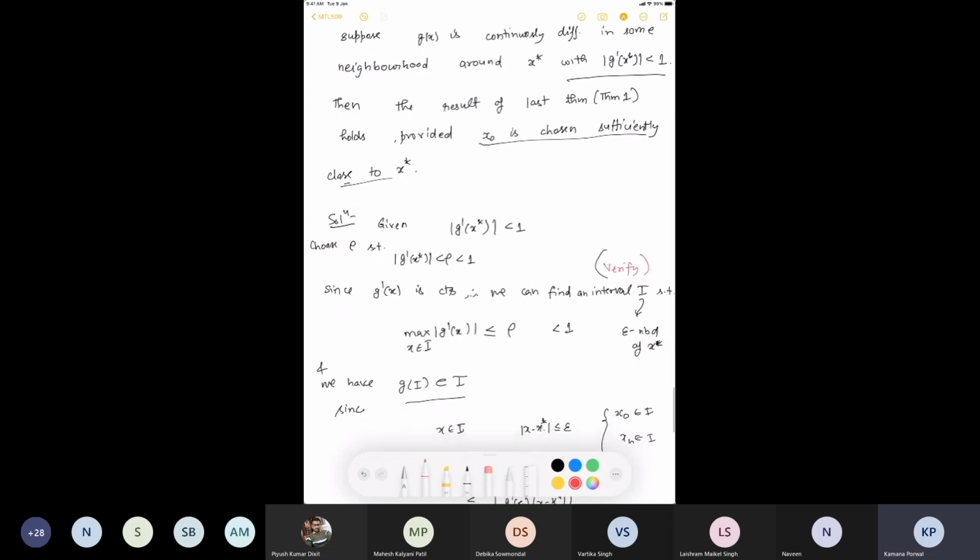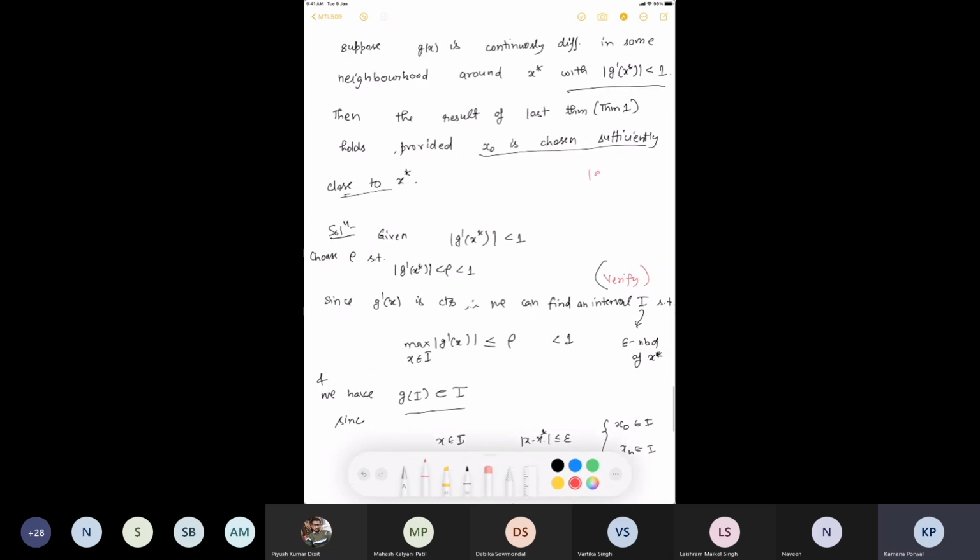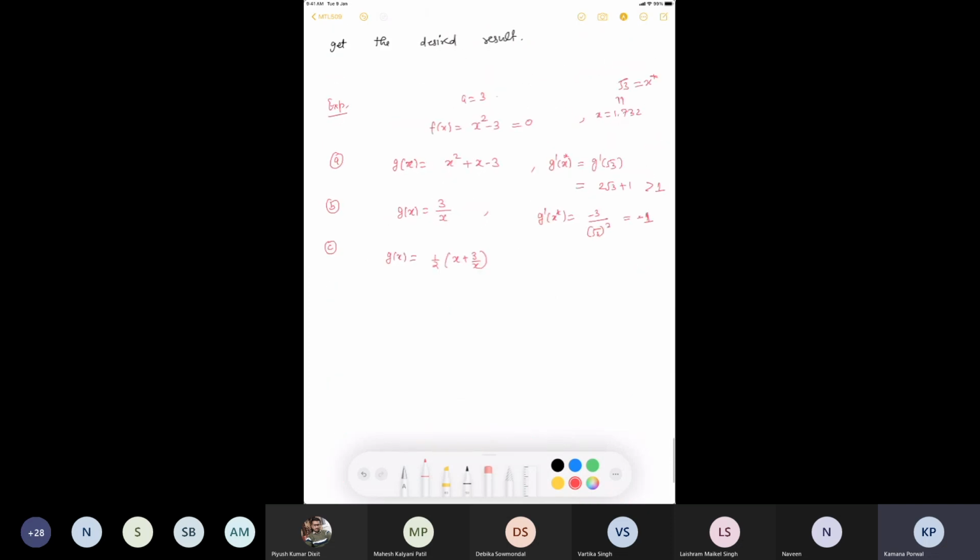And I will give an argument for the case g prime of the x star is strictly greater than 1. I'll just try to show that in that case the sequence will not converge. But in the case of mod of g prime of the x star equal to 1, you cannot conclude anything.